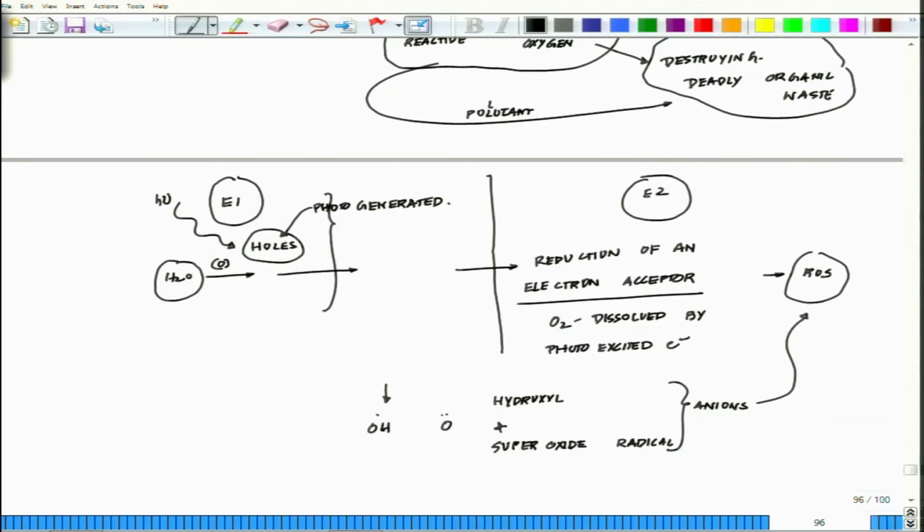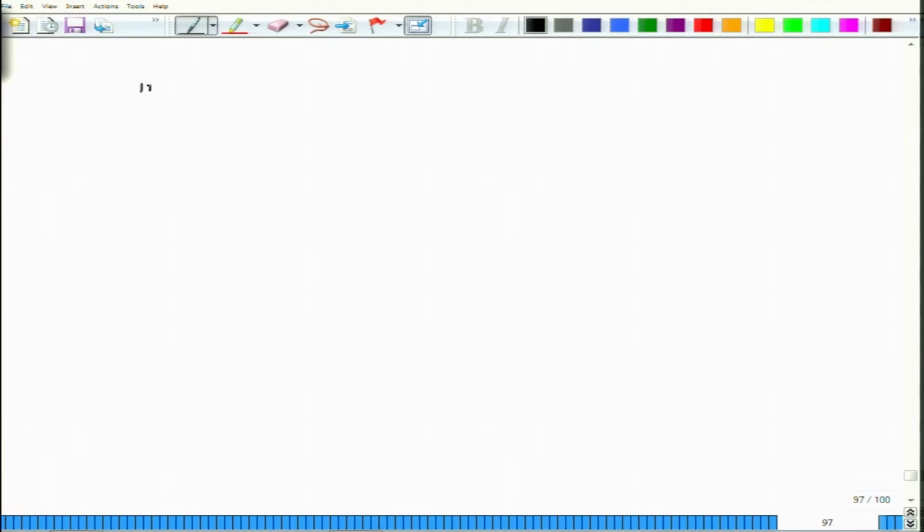It is clear that photocatalysis implies photon assisted generation of catalytically active species rather than the action of light as a catalyst in a reaction. So, this part is important to understand.